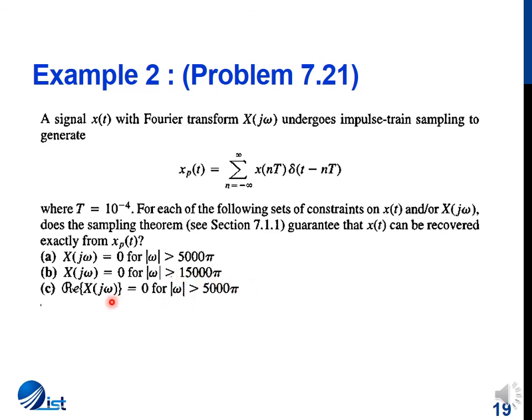For the third signal, we are just given that the real part of X(j omega) is 0 for omega greater than 5000 pi, which means that the real part of the signal is band limited to 5000 pi, and we are given no information about the imaginary part of the signal.